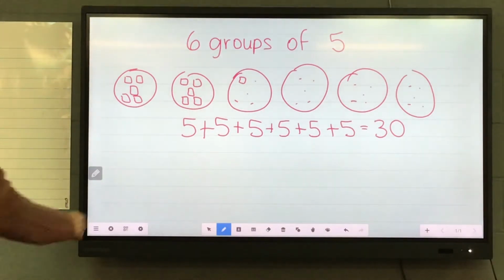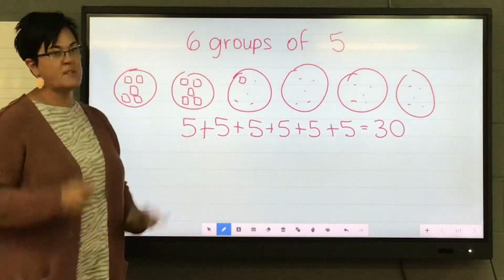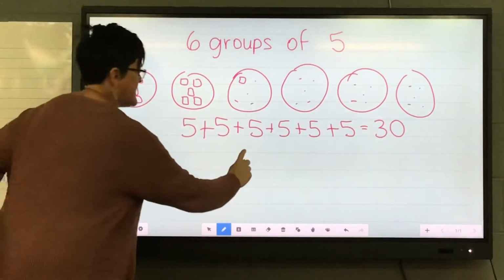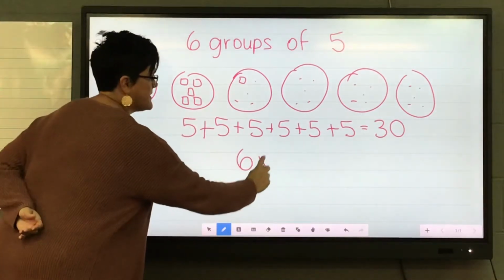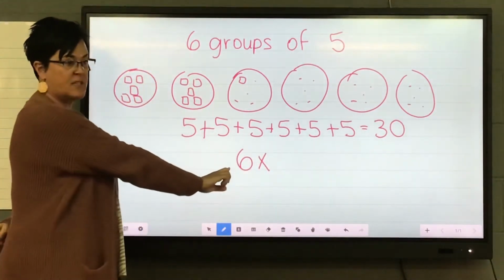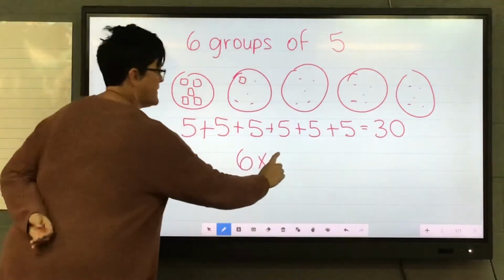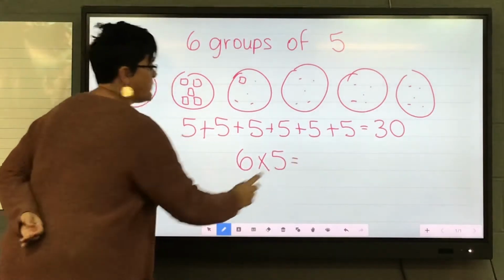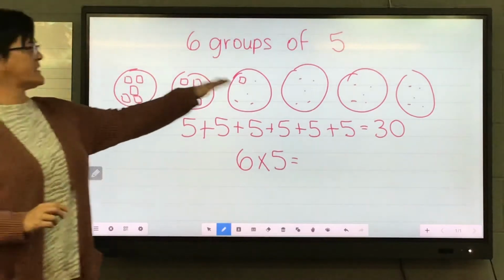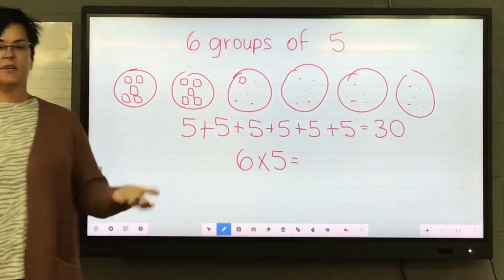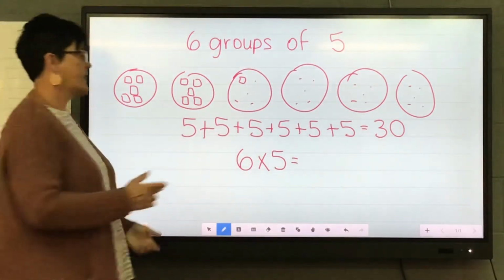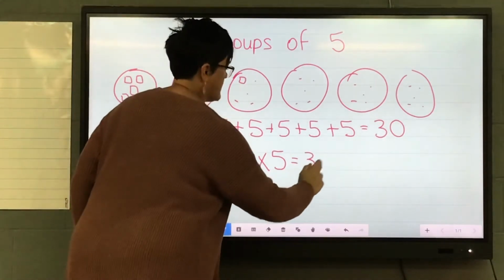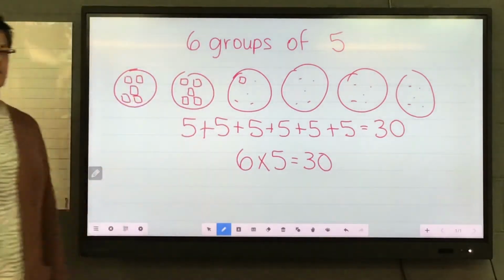Everybody had the same thing. So 6 groups of 5 is the same as 6 times 5, because that times means groups of 5. And what did we already find out that 6 groups of 5 equals? 30. Right?